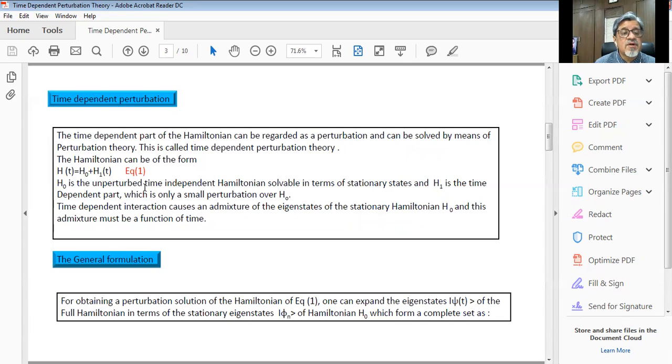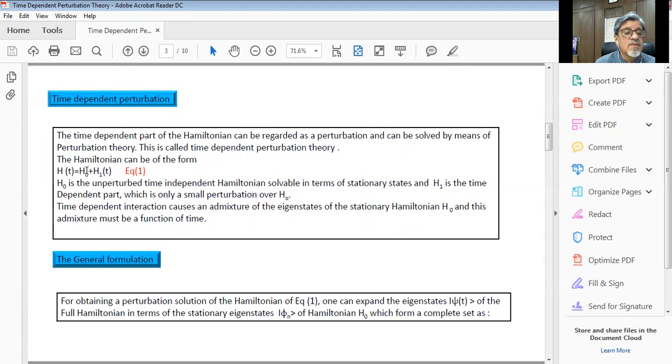H0 is the unperturbed time-independent Hamiltonian. In this term, H0 is the time-independent or unperturbed Hamiltonian, and it is solvable in terms of stationary states. H1 is time dependent, and the perturbation is a very small perturbation over H0. So it has two different terms.